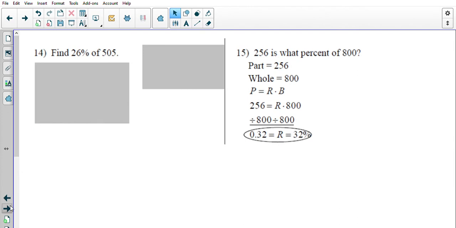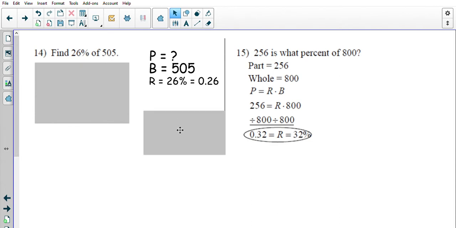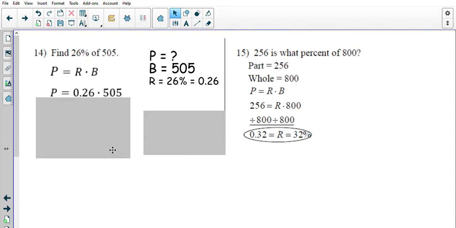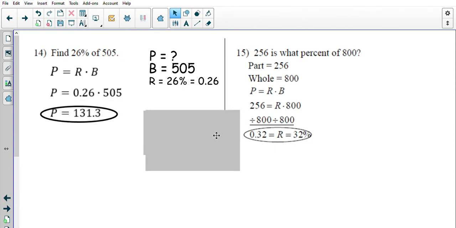Find 26% of 505. So my part is my unknown, base is 505, R is 26% or 0.26. So for P equals R times B, I will do 0.26 times 505, and that will get me 131.3.